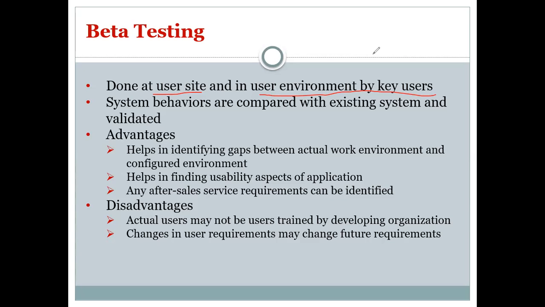Then here in this case, the system behaviors are compared with the existing system and validated. So suppose you are having the existing systems with that particular software, so it will be compared with that and validated. That means checked with the advantages with the newer system.